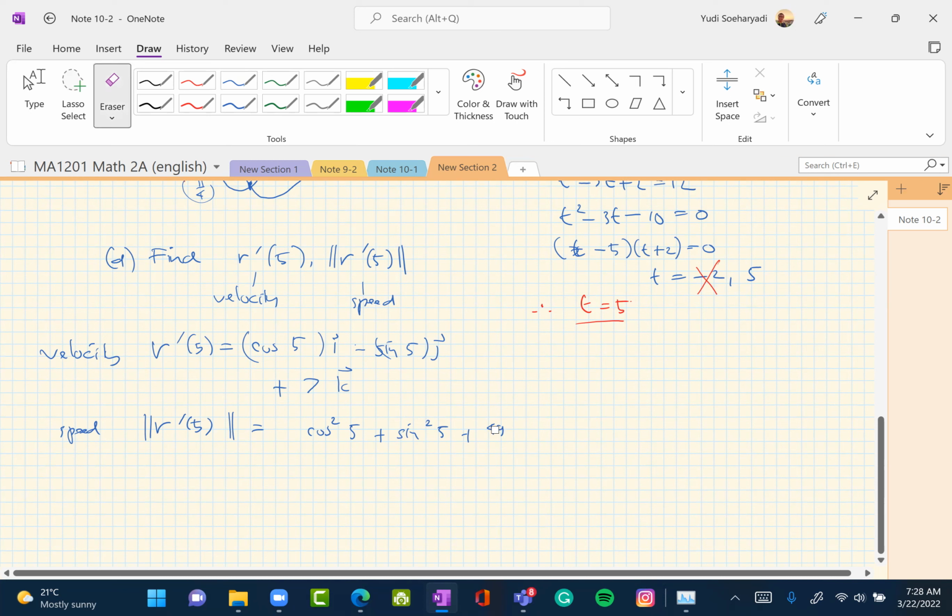So this is 7 squared, take the square root. Okay, so this is 49, this is 1, so this is square root of 50, so 5 root 2. So that's the speed, unit speed.